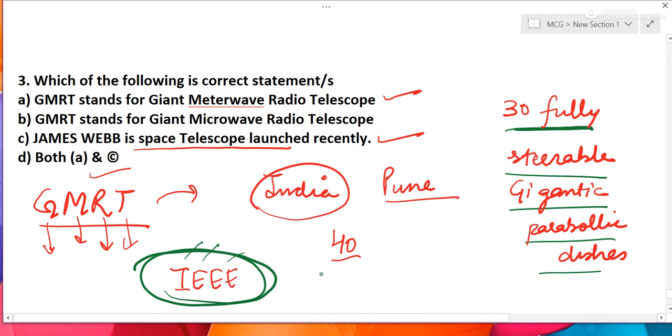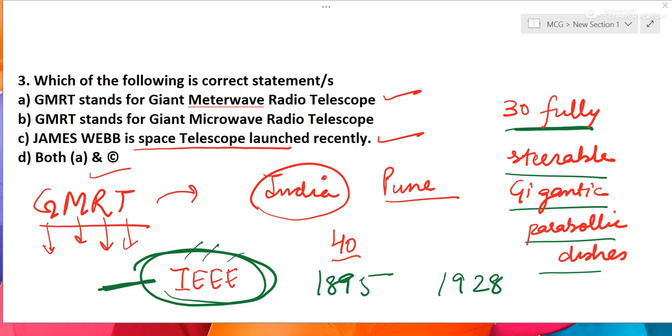So this is the third Indian facility. I am very astonished and found it very captivating news that IEEE has awarded it, and that too after J.C. Bose and C.V. Raman. J.C. Bose got it in 1895 for generation and reception of radio waves, and C.V. Raman in 1928. So children, these are the things we should be updated with.